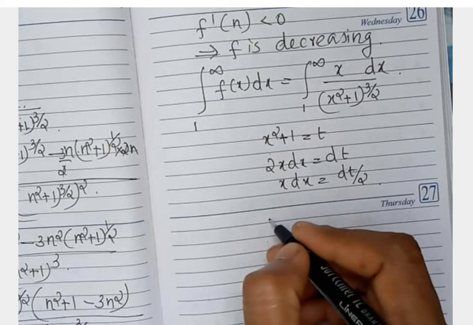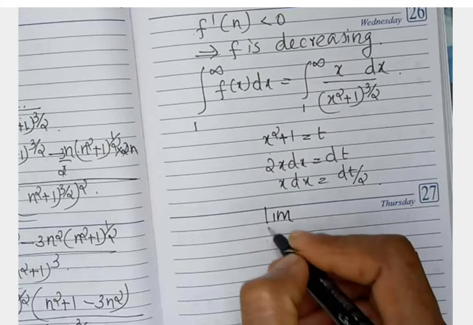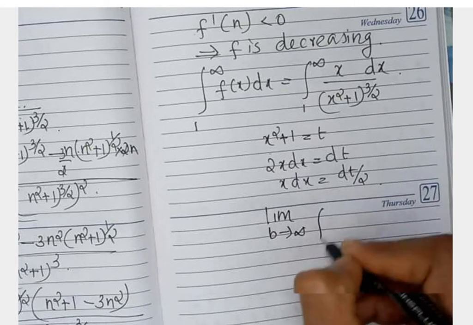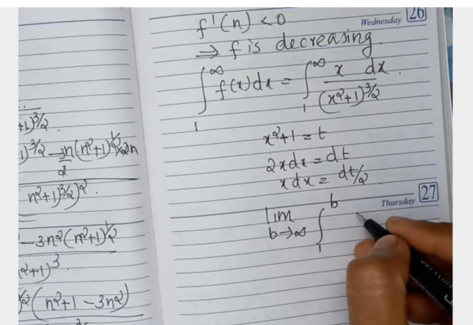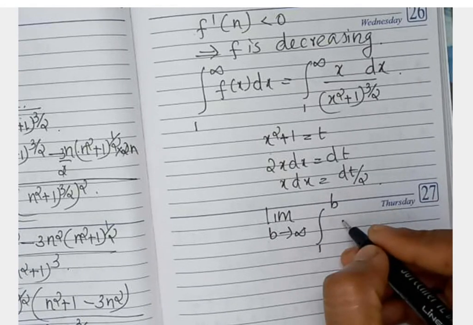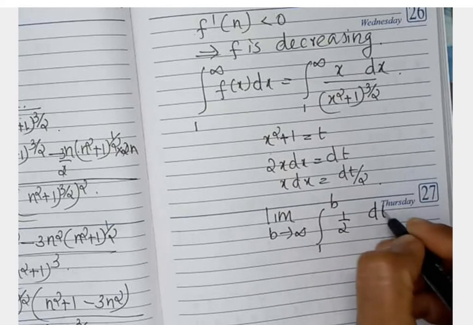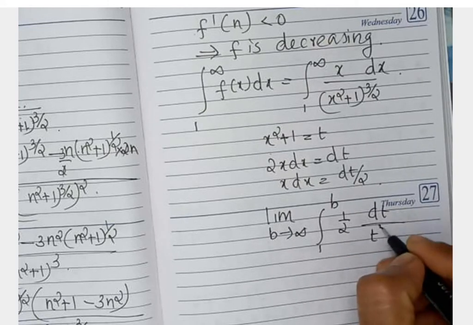This is equal to the limit as b tends to infinity of the integral from 1 to b, with x dx as dt by 2, so 1/2 into dt divided by t^(3/2).